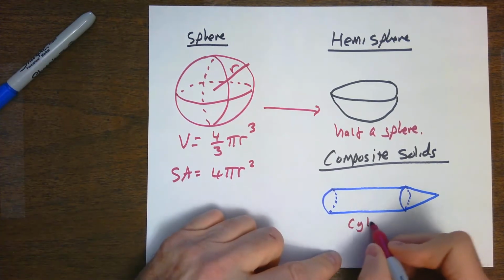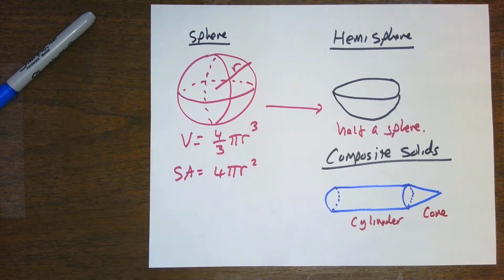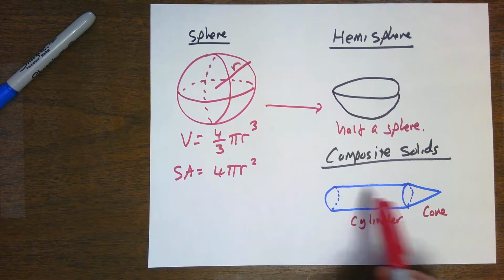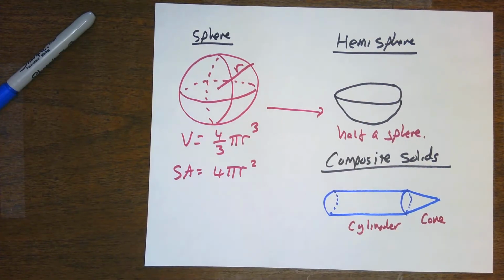A cylinder and a cone. A big pencil, big bullet, something like that. And when we talk about volume, well, composite figures are easy. Volume is just going to be the volume of the cylinder plus the volume of the cone.